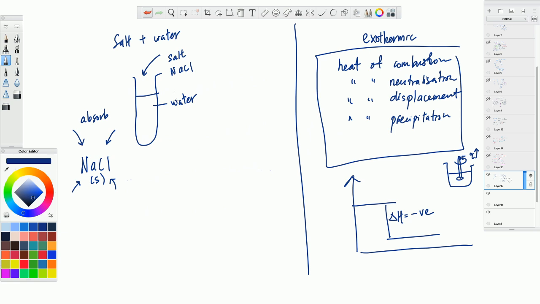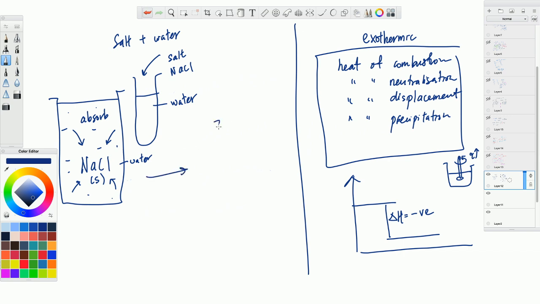It absorbs heat from the water. It is surrounded. I am putting the sodium chloride in a beaker of water. Where else can it absorb heat other than the water? So the sodium absorbs heat from the water, the chloride absorbs heat from the water.